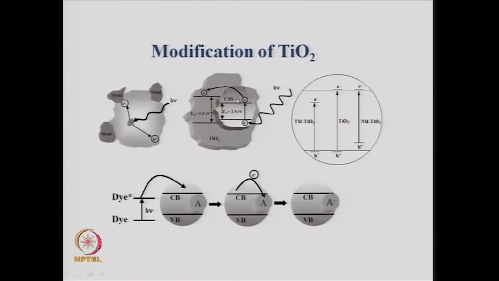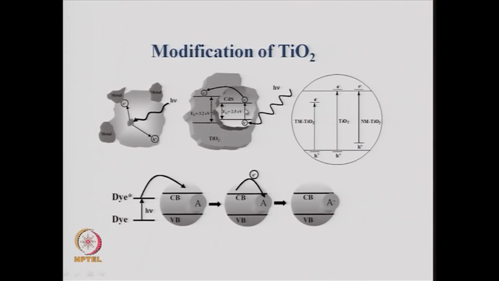Now, you can also dope a semiconductor. So, cadmium sulphide is a semiconductor, and this is your original TiO2 particle. So, assume that you have cadmium sulphide particle doped in TiO2. Now, TiO2 has a band gap of 3.2 electron volts, and this is the valence band and this is the conduction band level of TiO2, whereas cadmium sulphide has a smaller band gap of 2.5 electron volt.